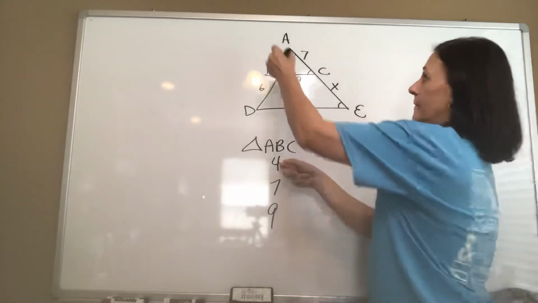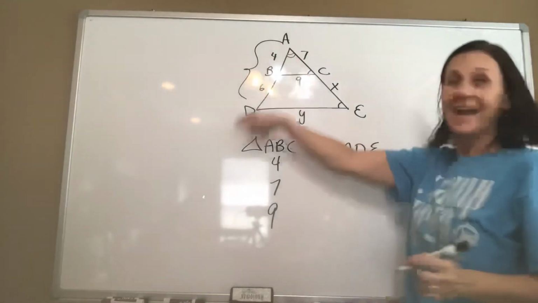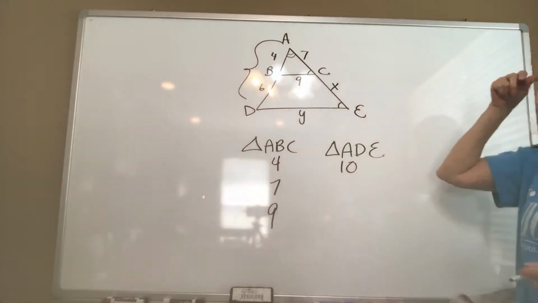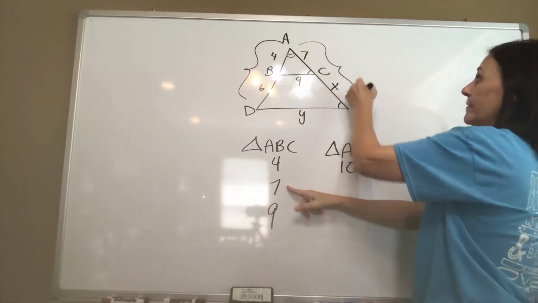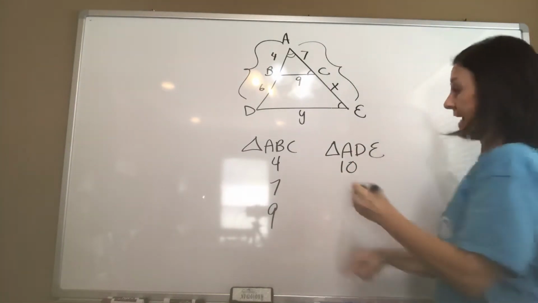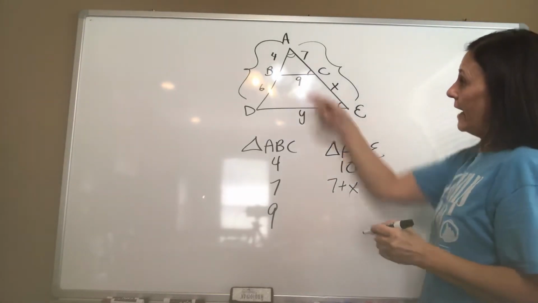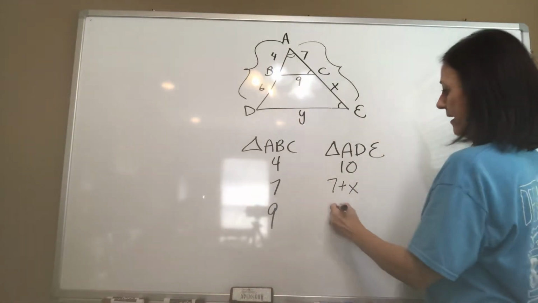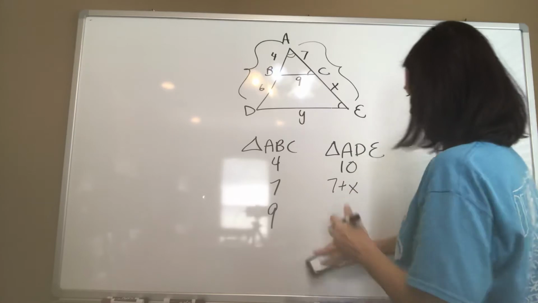AD. The whole side. So it's 10. So you're adding those two. And 7 corresponds with 7 plus x. And then y corresponds with 9.